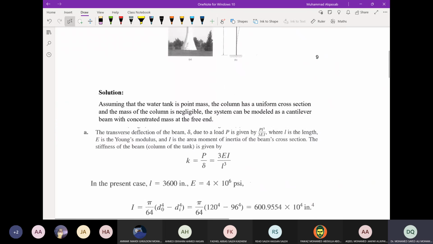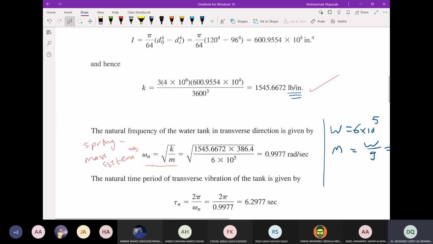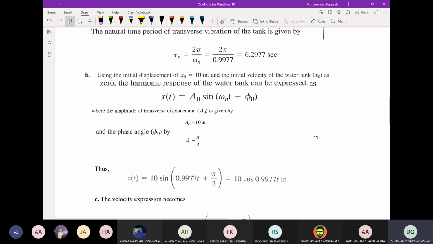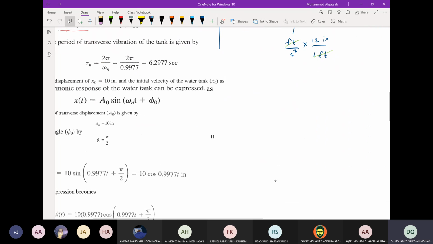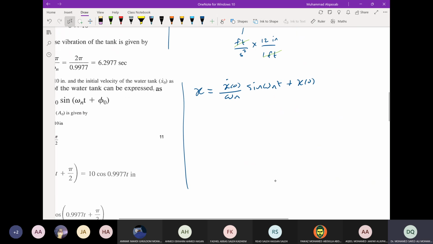Okay, so with initial conditions given, we can use the equation. If you don't want to use this equation, you can use x equal to x dot at 0 divided by omega n sine omega n t plus x at 0 cosine omega n t.